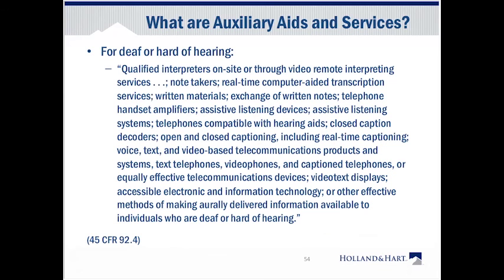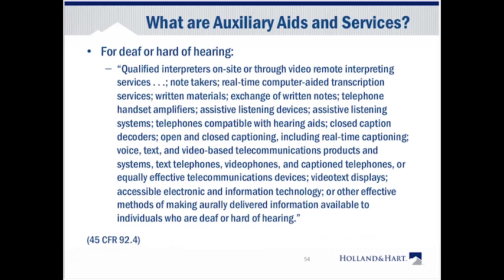So the new rules, though, do provide for a laundry list of types of auxiliary aids that should be available for deaf or hard of hearing and for sight impaired. So for deaf or hard of hearing, there's a whole list, and I'm not going to read those to you. You can read those. But it's a pretty extensive list of the types of aids and services that could be available or could be used.